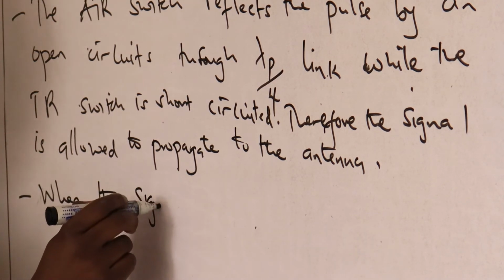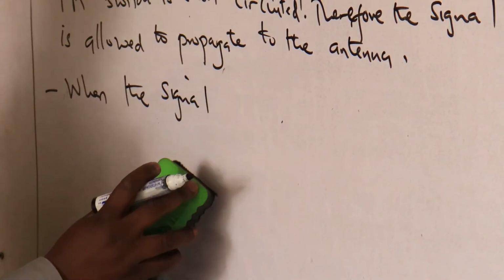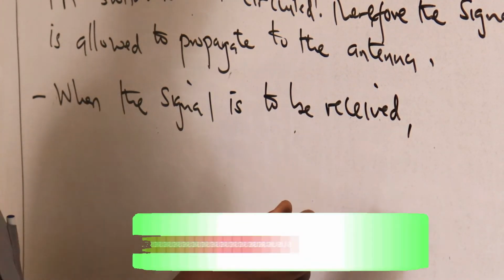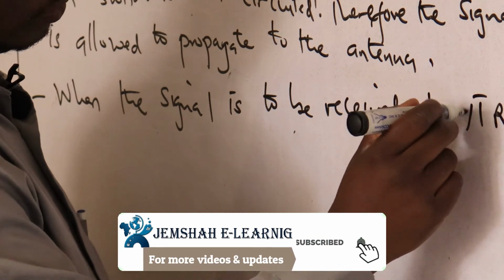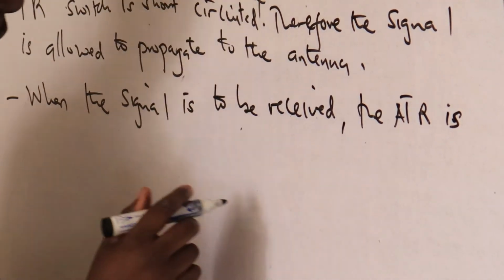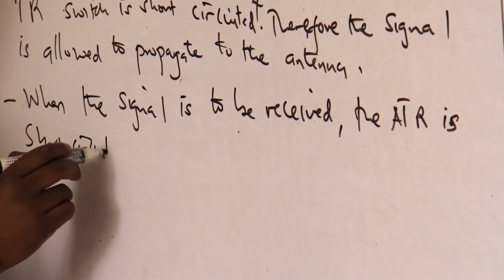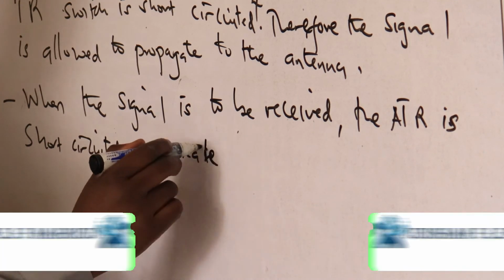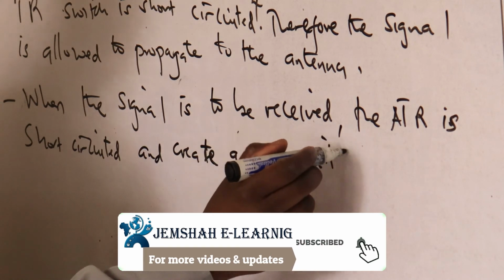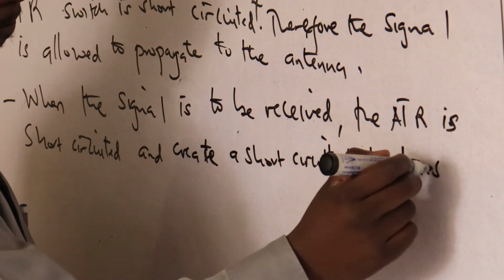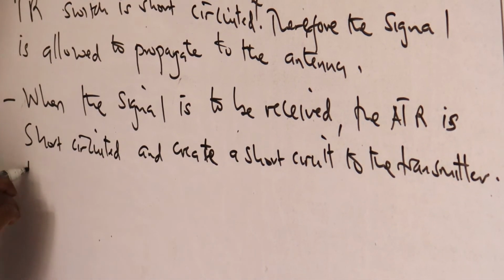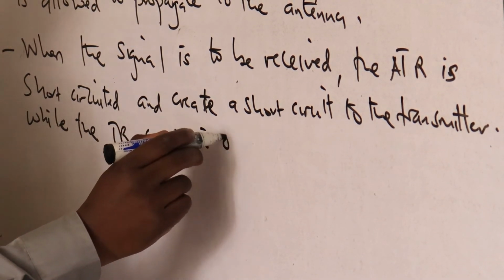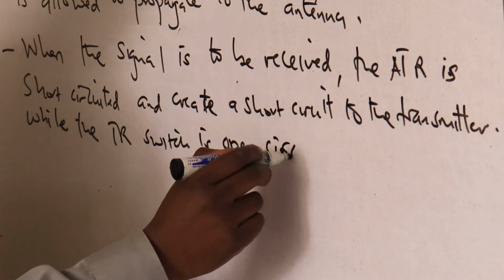When the signal is to be received, the ATR switch is short-circuited and creates a short circuit to the transmitter, while the TR switch is open circuited.